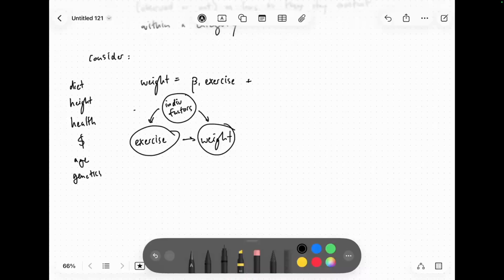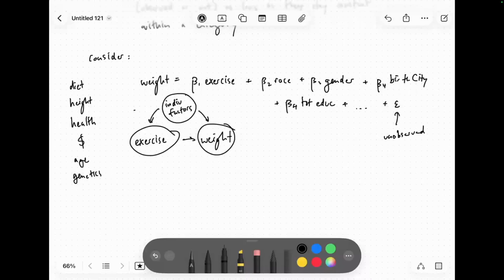A couple that I'll note here, just because those are the ones I came up with. We have race, which will be connected to genetics in some ways. Gender. Who knows? It could be something as inane as your birth city, your amount of education, and on and on, plus our unobserved term.